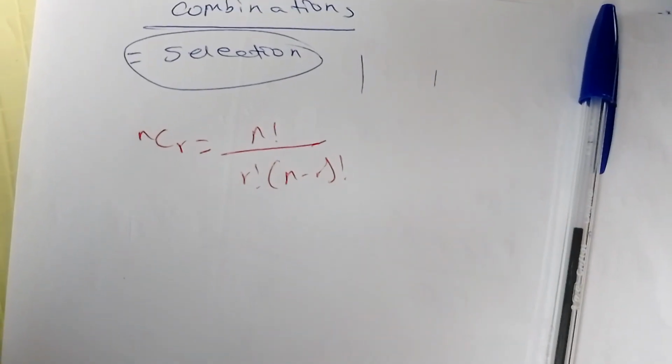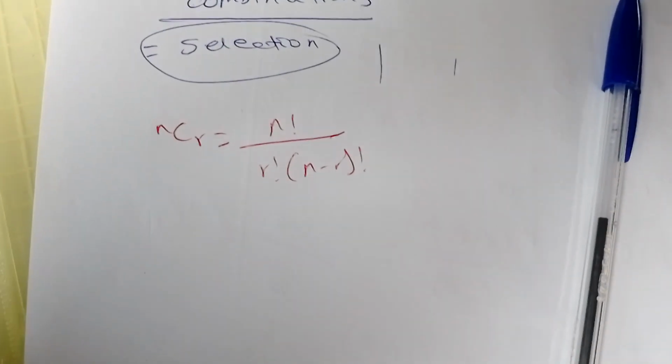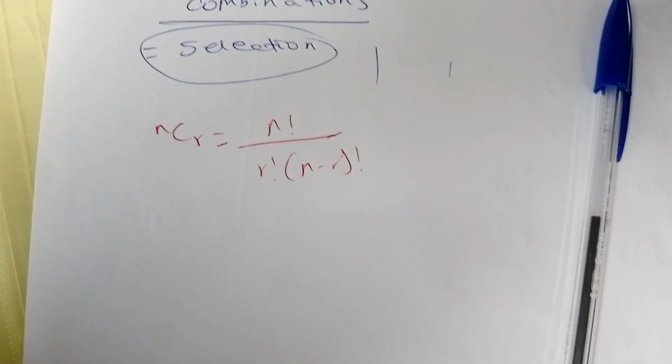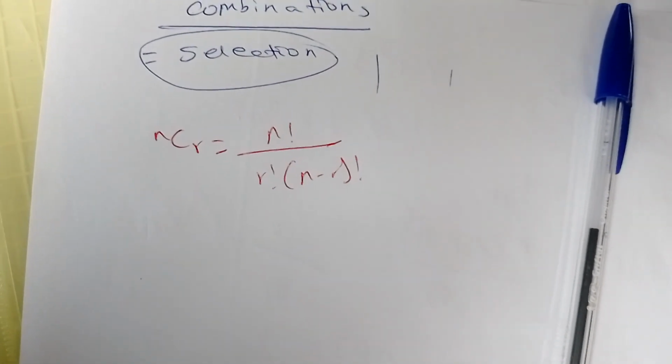It says, how many committees of 2 chemists and 1 physicist can be formed from 4 chemists and 3 physicists?